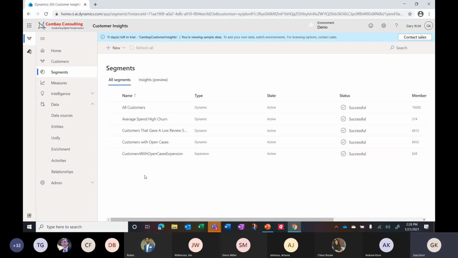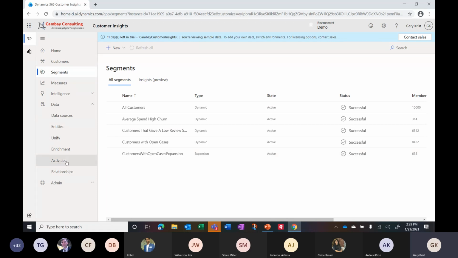How many trouble tickets have been called in? How much have they spent with us monthly as we track through invoices in our accounting system? All these segments can be built based on whatever criteria you're interested in, and then these segments of data can be used by other systems and other sources.